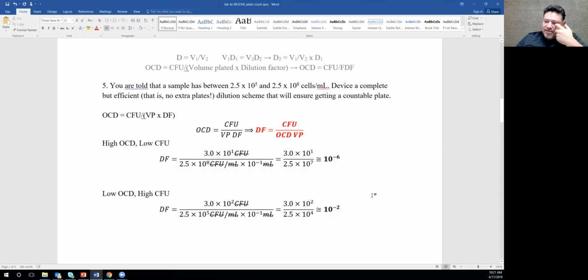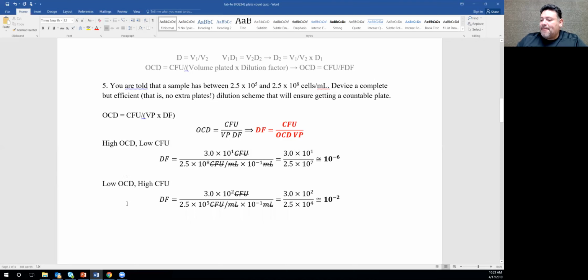So that means what? That means that the set of dilutions that you need are starting at this one, and it's going to be 10 to the negative second, 10 to the negative third, 10 to the negative fourth, 10 to the negative fifth, and 10 to the negative 6.